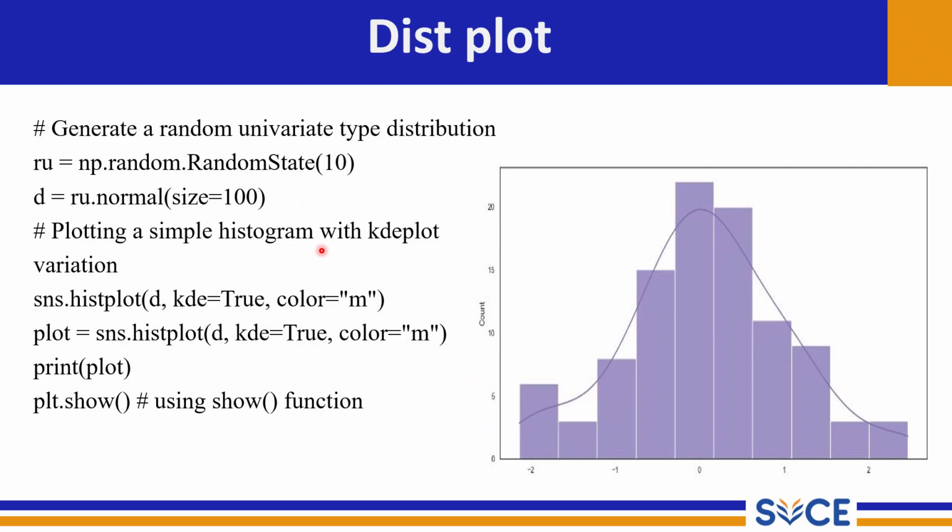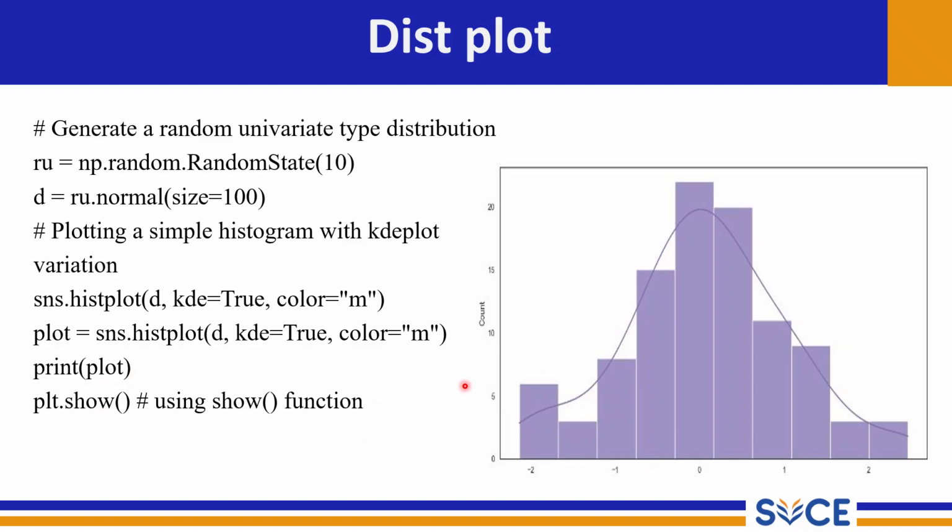If you need you can set it, or else next I'm plotting the histogram with some colors by using the KDE plot. The data, comma, KDE, that is kernel density estimate, is equal to true, and then color is equal to some magenta color, and plot is equal to sns.histplot, the histogram plot will be given, with the array, comma, KDE, comma, color, and then print the plot and plt.show.